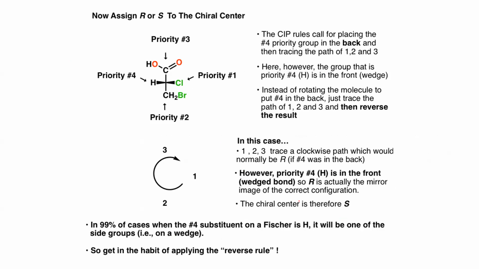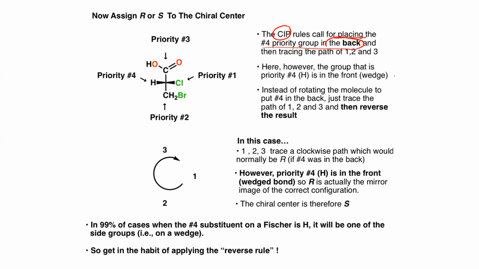Okay, so again, in detail, after you assign the priorities by the Cahn-Ingold-Prelog rules, conventionally, what we do is we place the number 4 priority group in the back. We hold the least priority group away from you.